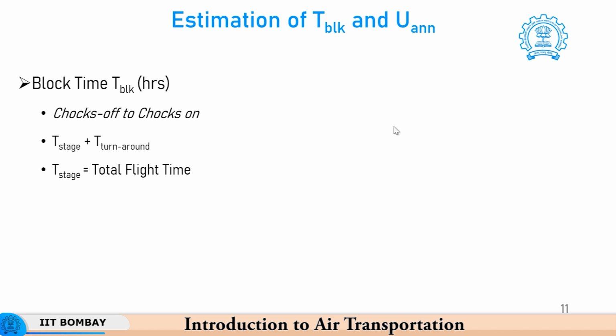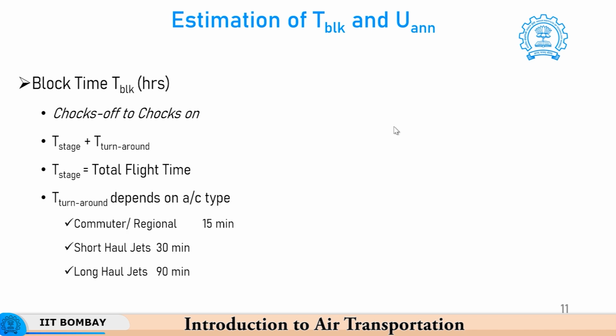So, as I said, T stage is the total flight time, and turnaround time depends on the aircraft type. The typical value for commuter and regional aircraft operating on very short routes, which do not necessarily require refueling between two hops, and when a small number of passengers, 15, 19, 30, 40 passengers, deplane with their baggage, can be done within about 15 minutes.